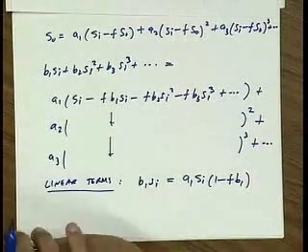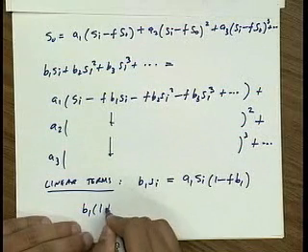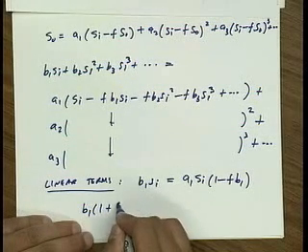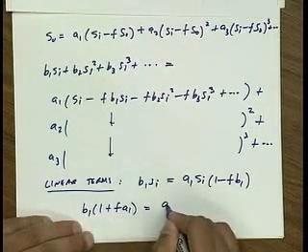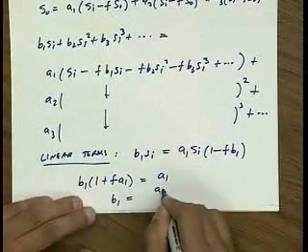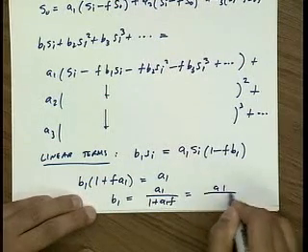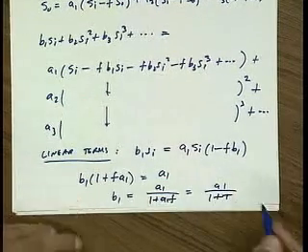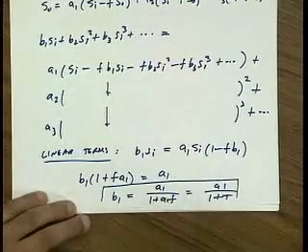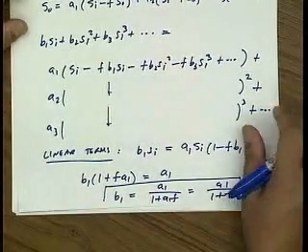If I solve this, B1 (1 plus F A1) equals A1, so finally B1 is equal to A1 over (1 plus A1 F), or A1 over 1 plus T, where T is the loop gain. This is exactly the result we get in linear analysis, so it's no surprise.